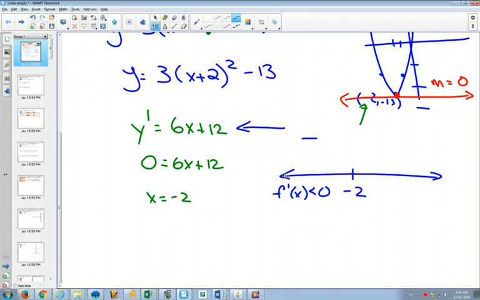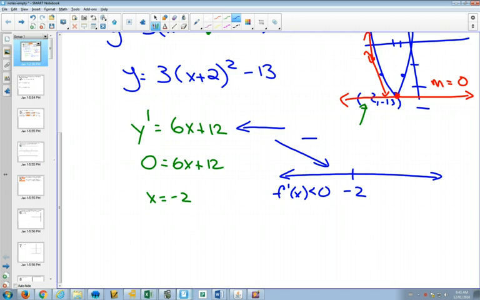Now, if our slopes are negative, and you can see them on the graph, can you see that any tangent that I draw here is going to have a negative slope when it's less than -2? So what we're going to show with that is any time that your tangents are negative, your function's going to be decreasing from left to right. Does that make sense? Because in order for it to have a negative slope, your function has to be going down.